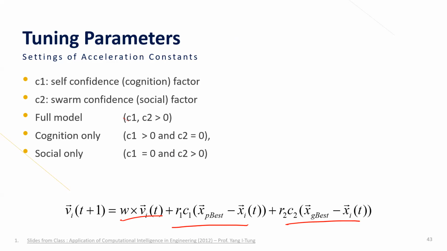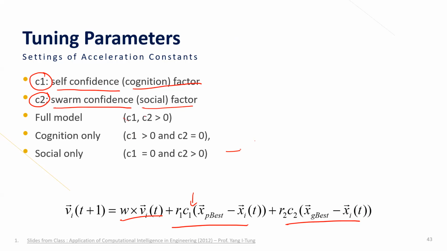One considers the cognition factor, or self-confidence, or personal experience. We call that one C1, a multiplier. The other, C2, considers the swarm confidence, how confident you are in the results from your social circle, or the social factor.